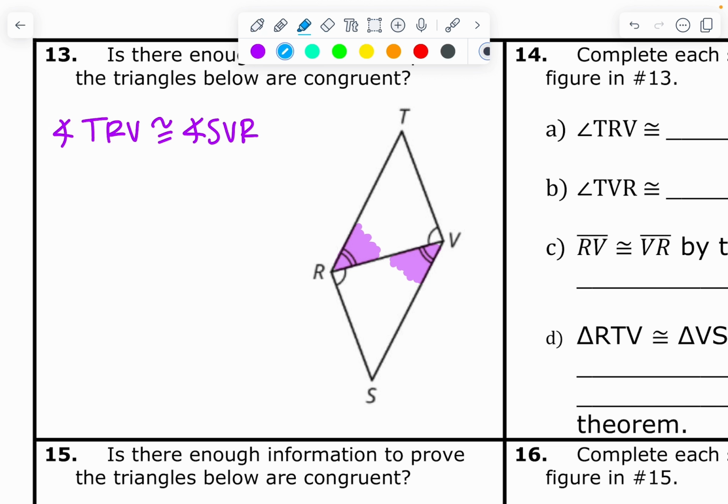And then also angle TVR is this angle here.